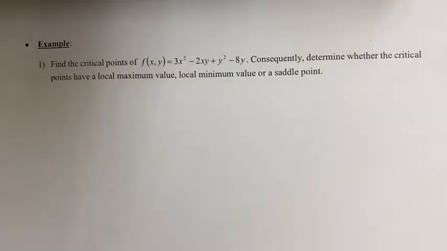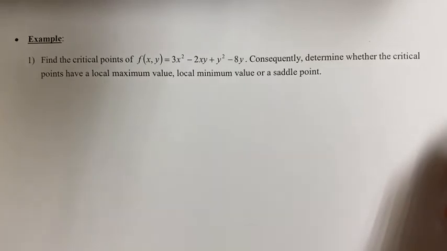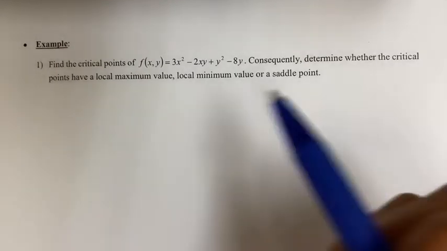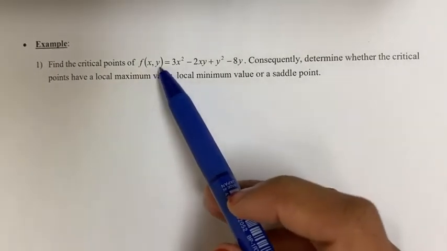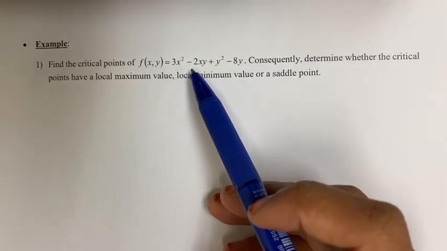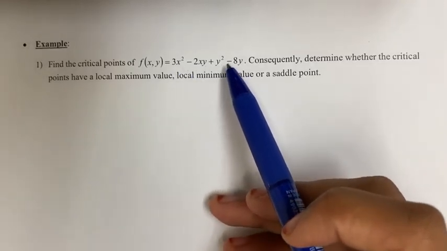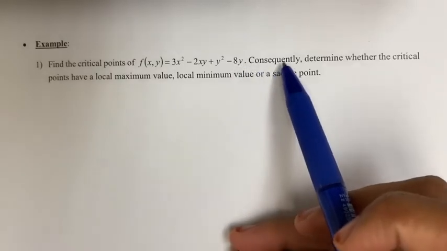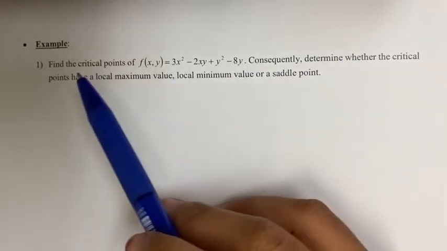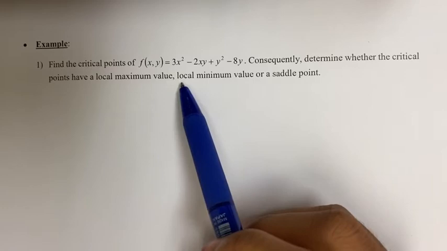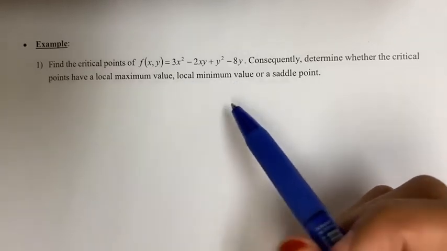That's it. To make it clear how to find the local extrema using theorem 1.8, we have two examples here. Let's start with the first example. You need to find the critical points of f(x,y) = 3x^2 - 2xy + y^2 - 8y. Consequently, determine whether the critical points have a local maximum value, local minimum value, or a saddle point.